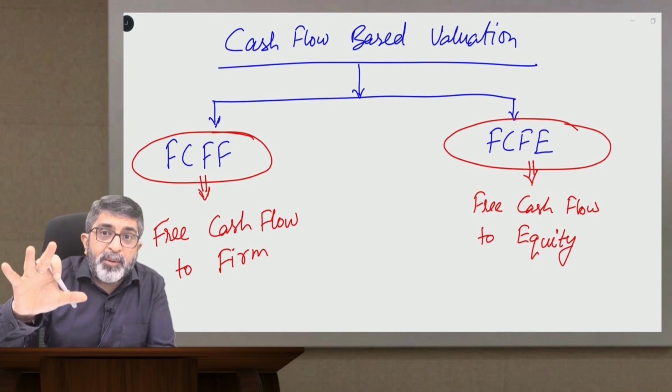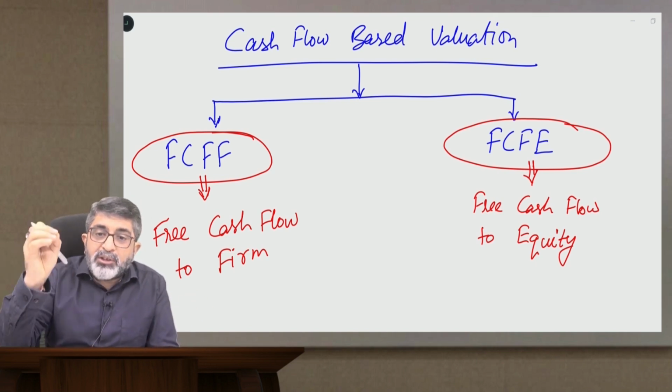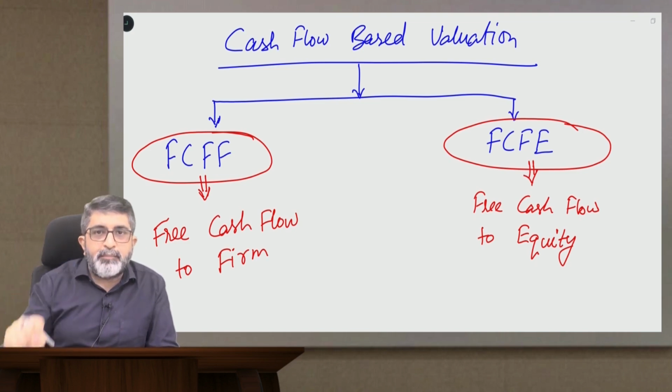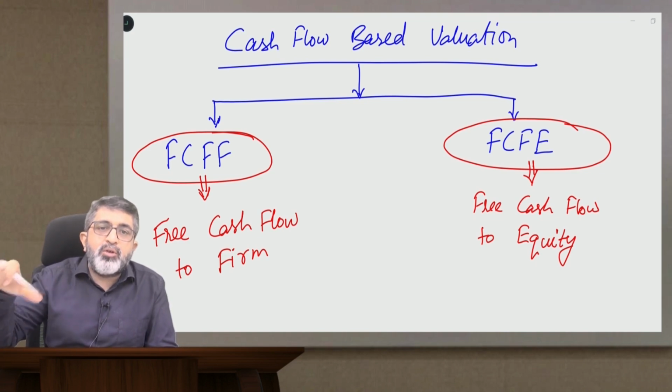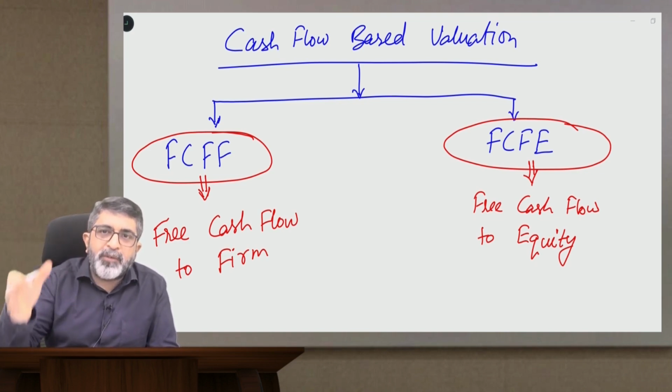Anything beyond 50% will give me the majority stakeholding, correct? And that majority stakeholding gives me control over that business, because I have more than 50% of its equity capital. I am controlling that entity.